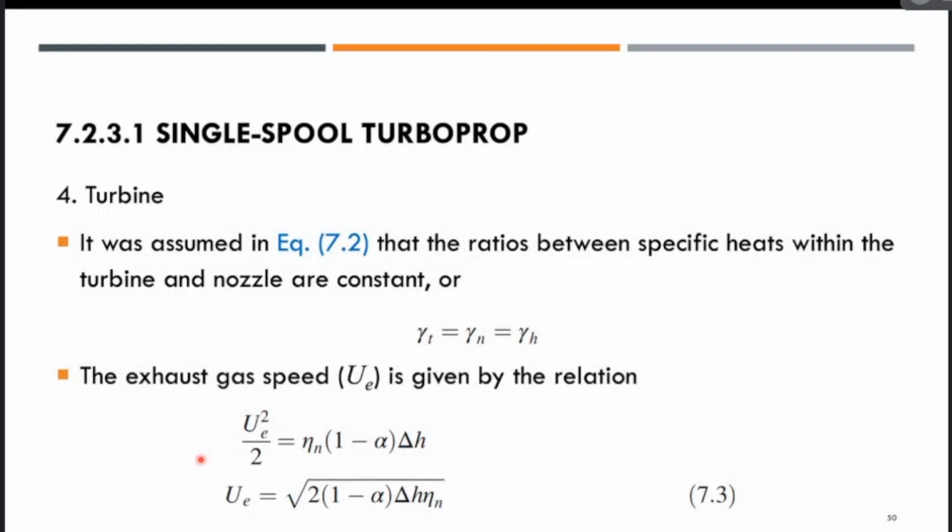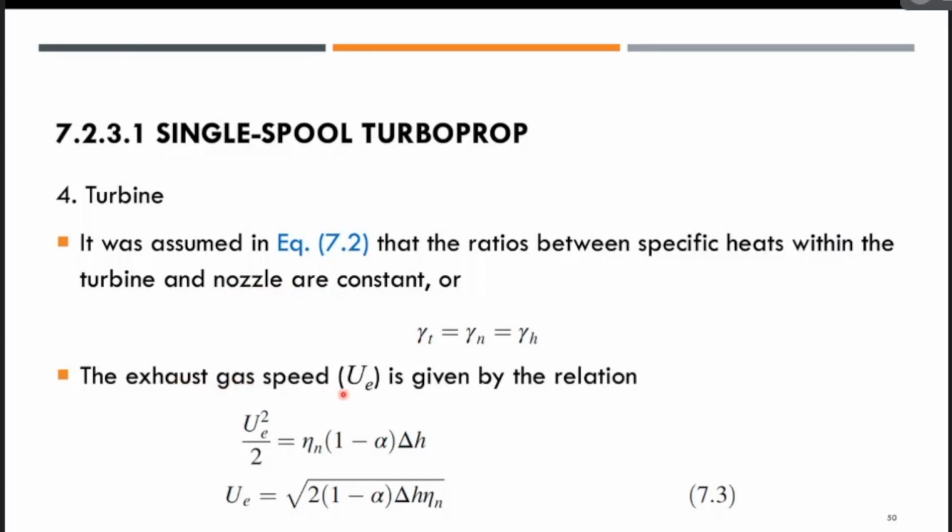It was assumed in equation 7.2 that the ratios of specific heats, gamma T, gamma N and gamma H, are equal within the turbine and the nozzle.